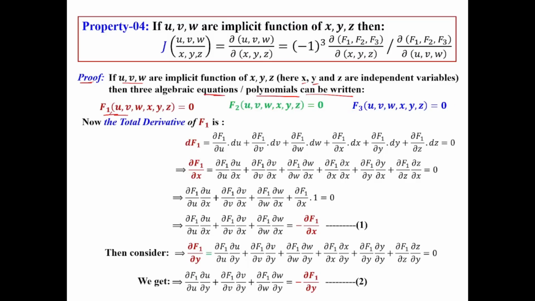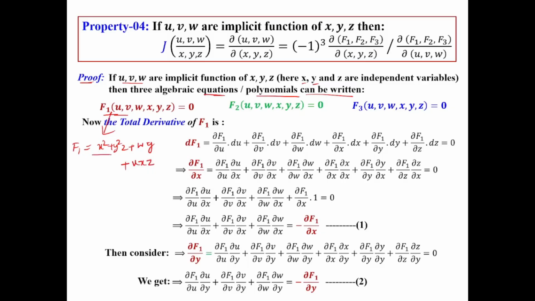That means f1 will be written like this, one polynomial. It can be like this: x square plus y square z plus w y plus v x z, like this.